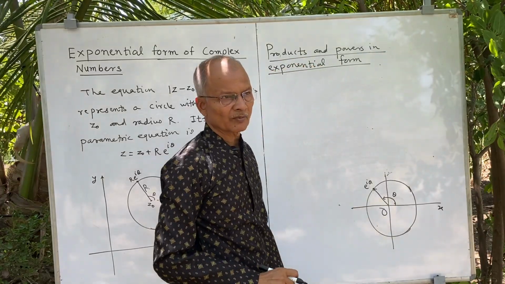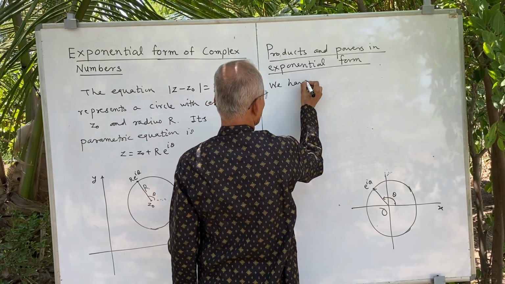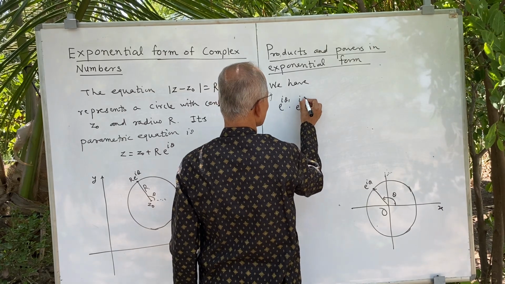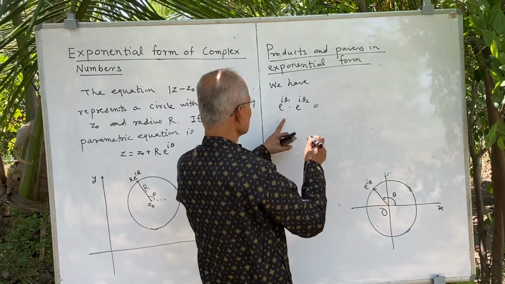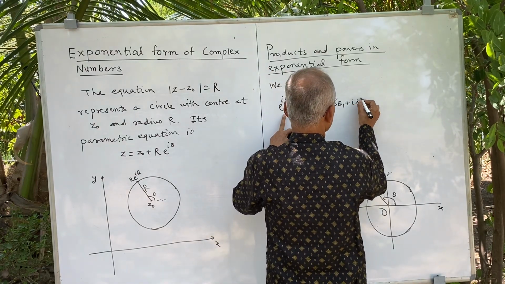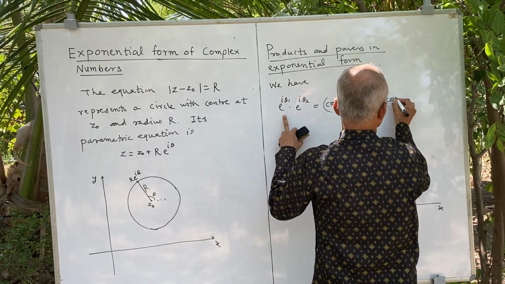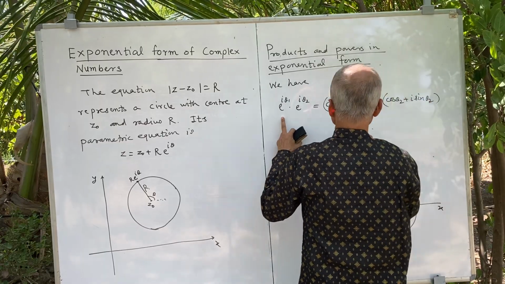First we shall obtain this product, e power i theta 1 into e power i theta 2. By Euler formula, the first exponential function is cos theta 1 plus i sin theta 1, and the second is cos theta 2 plus i sin theta 2. We shall multiply this.